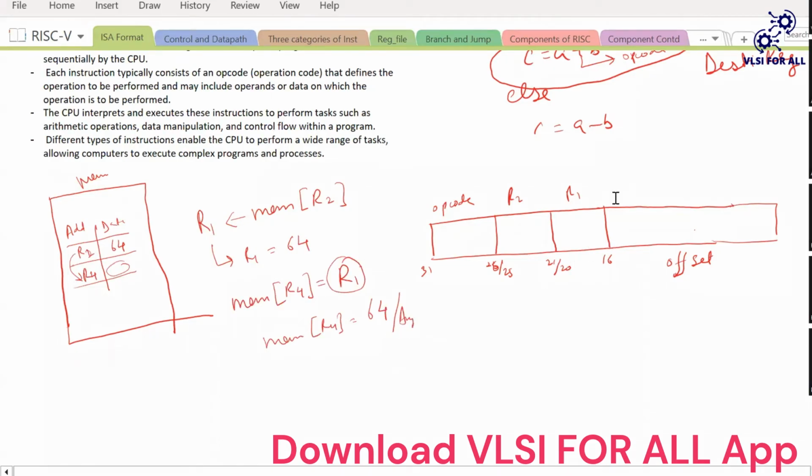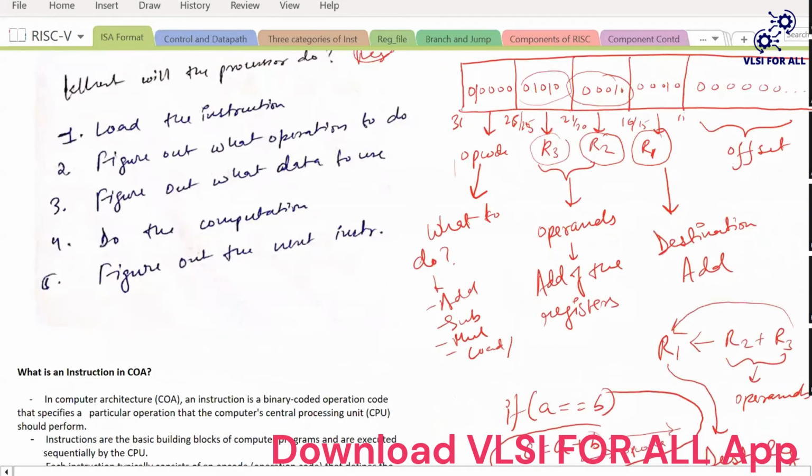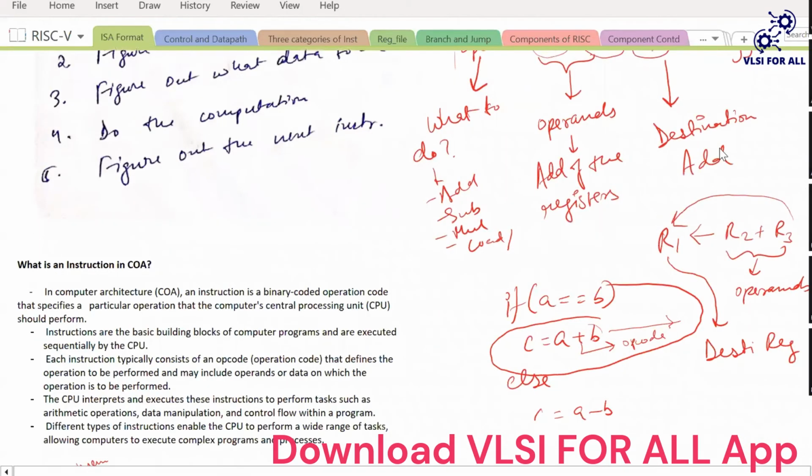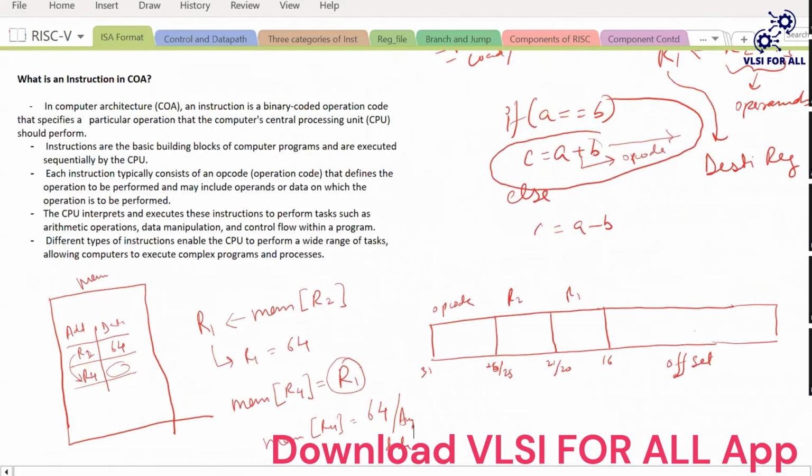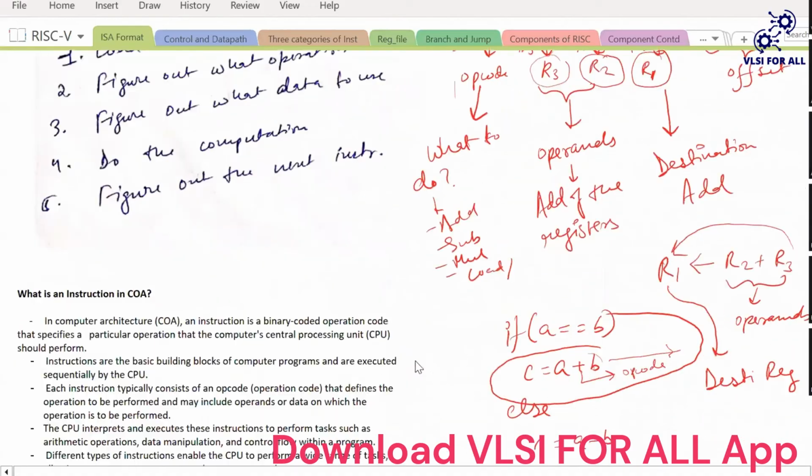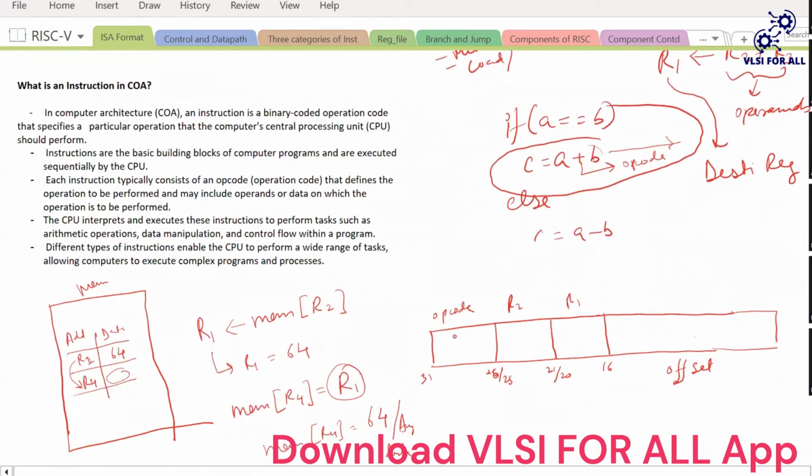The difference between the arithmetic instruction and this is that the first 6 bits are going to act as opcode, right? This opcode can be anything, 0, 1, 0, 0. Okay. This will tell us whether we have to do load or store. The third is going to act as our destination, these bits. Destination register's address.